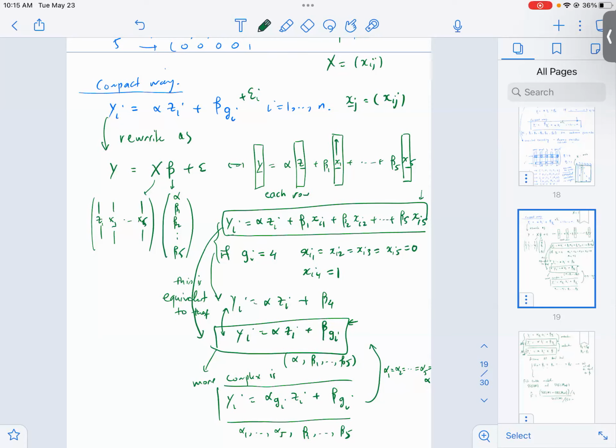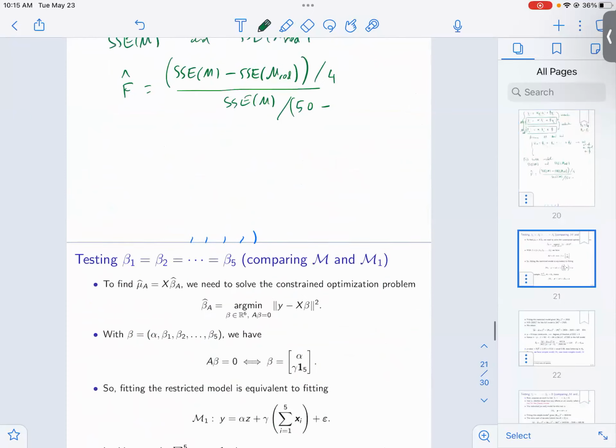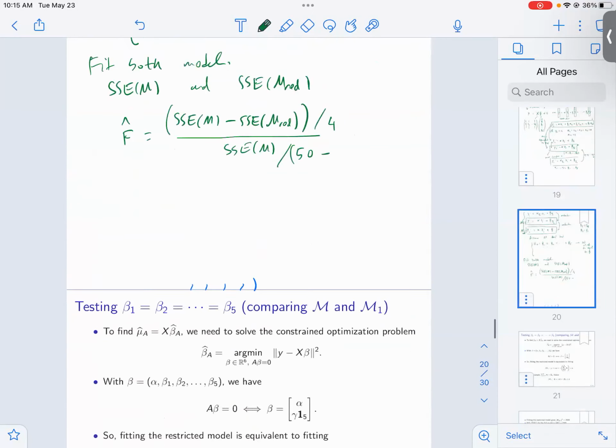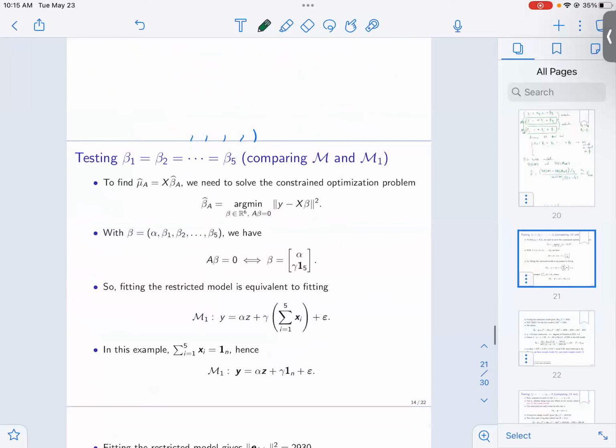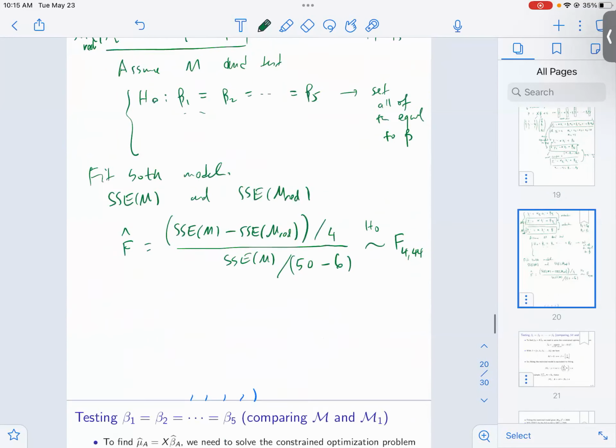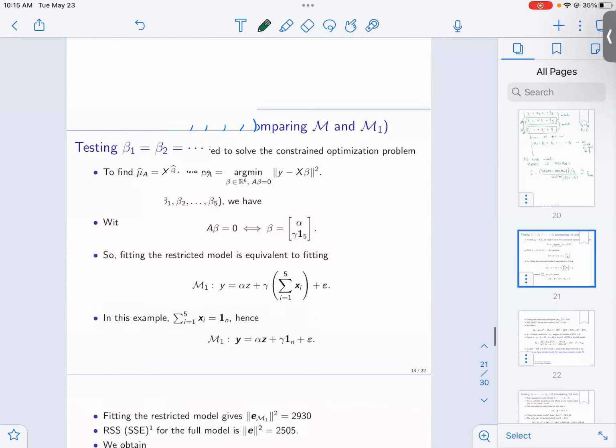Just count the number of parameters. 6. Okay. 6. And so under the null, this has an F distribution with 4 and 44 degrees of freedom. Okay, so that's basically the idea. So in this case, I'm setting it equal to gamma, but you set all of them equal to gamma.